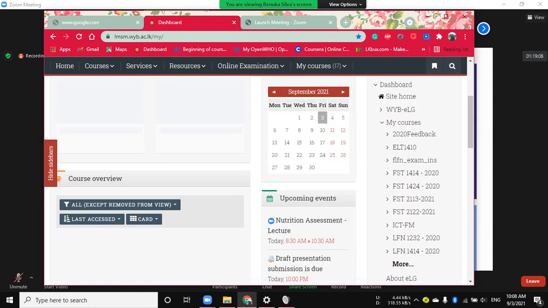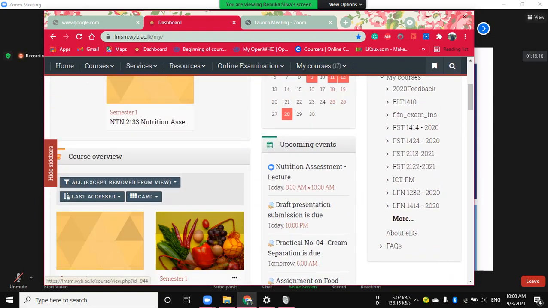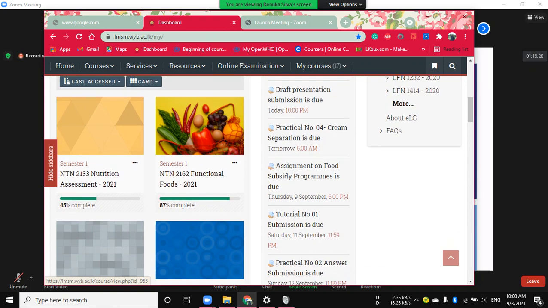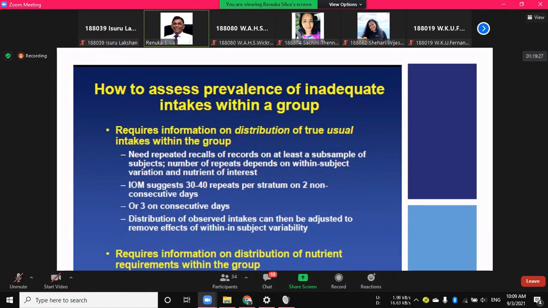We need repeat recalls or records. Repeated 24-hour recalls are a must. The number of repeat recalls depends on many factors, on the nutrient. For certain nutrients, more days; for certain nutrients, fewer 24-hour recalls. I said for certain nutrients you need 30, 40 recalls if you want an accurate estimation.